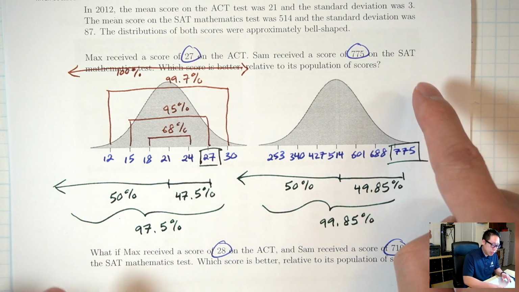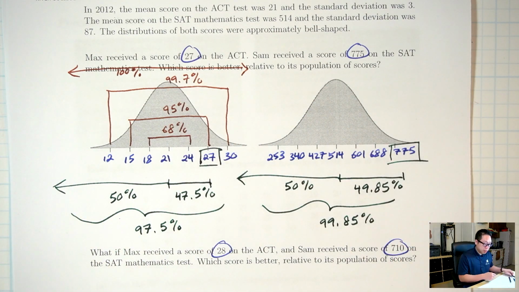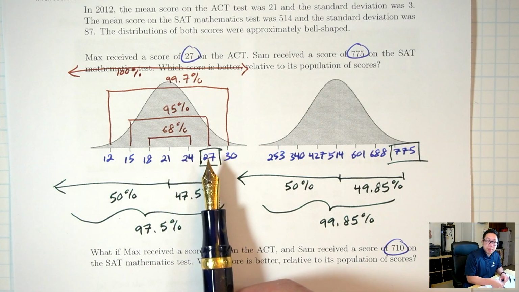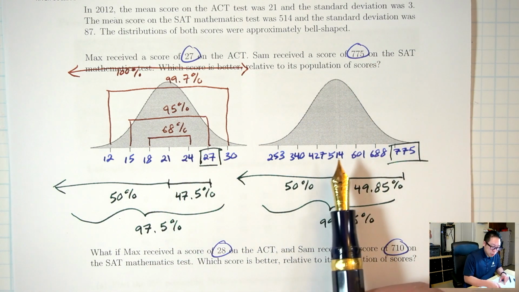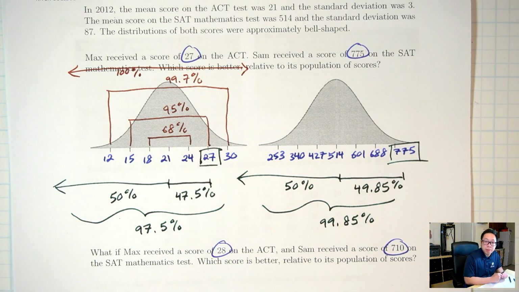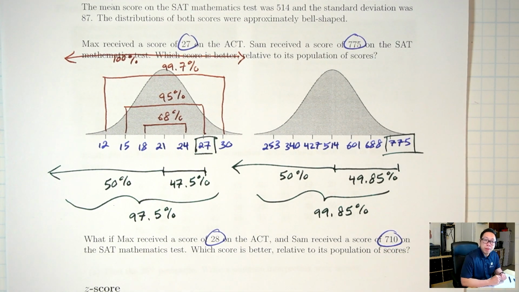Well, 27 and 775 are special because they fell directly on one of these steps. Okay, 775 was exactly 3 steps above. 27 was 2 steps above. 28 and 710 don't fall on one of those steps.